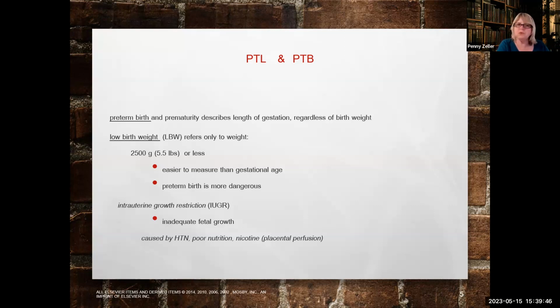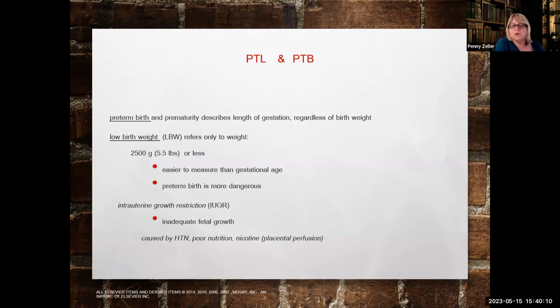Okay, intrauterine growth restriction usually coincides with low birth weight. Restricted growth, something going on with the placenta or with mother's health. So let's list some things that prevent a fetus from growing adequately.